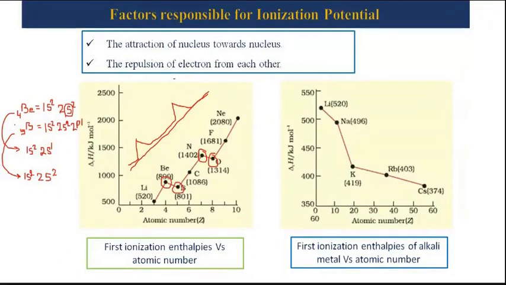But when it comes to beryllium, it will try not to release the electron, and you need to put in extra energy. That's why beryllium has more ionization potential than boron, right? Clear है? आगे बढ़ूं?